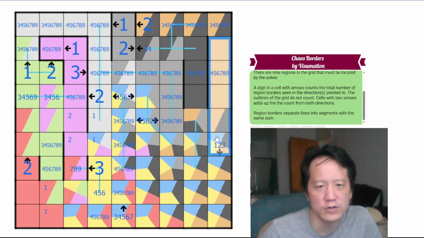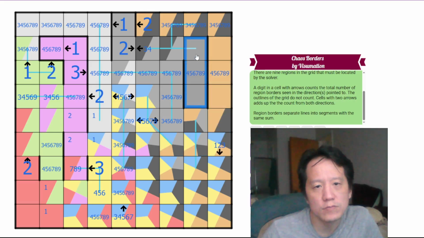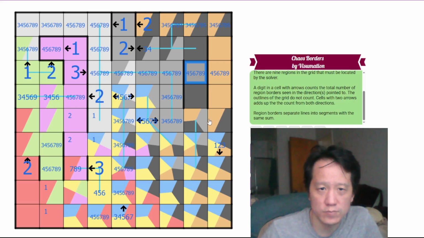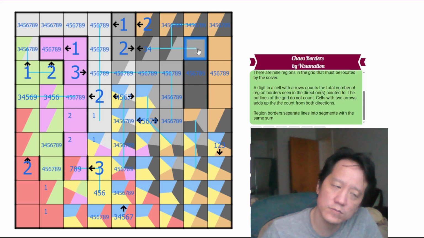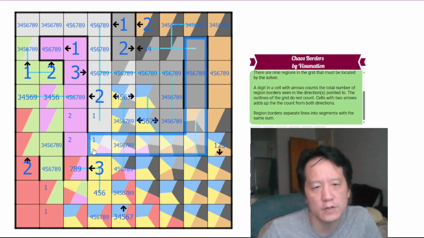Can't block off the dark. 1, 2, 3, 4. It cannot. Well, could go this way. 9.